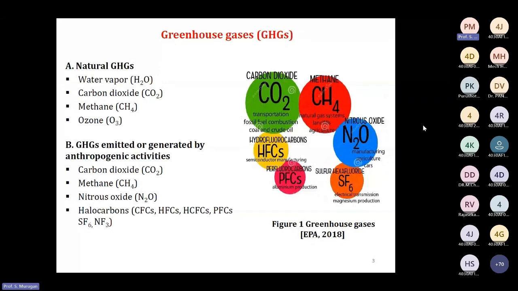On the other hand, there are greenhouse gases emitted or generated by human activities, which we normally call anthropogenic activities. Under that we have different emissions like carbon dioxide, methane, nitrous oxide, and of course halocarbons like CFC, HCFC, PFC, like that.